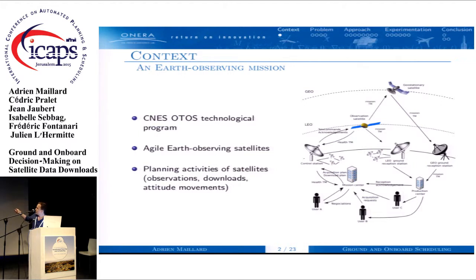I do not mention this or this. Then the ground reception station sends it to the production center, which produces the real images that will be delivered to the client, and then it's delivered to the user. We also have some communication about health status or general state of the satellite.